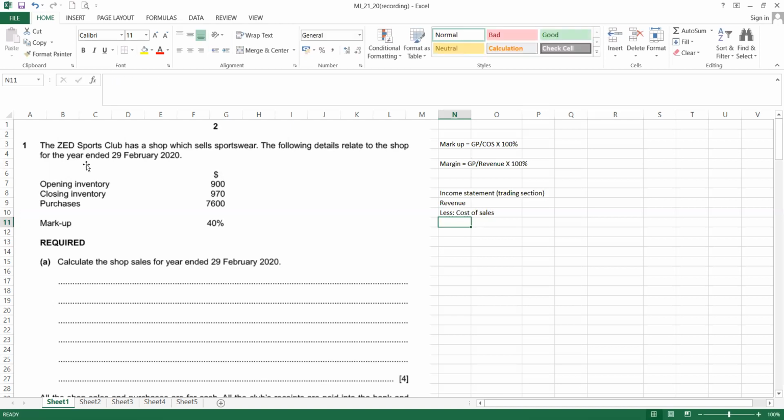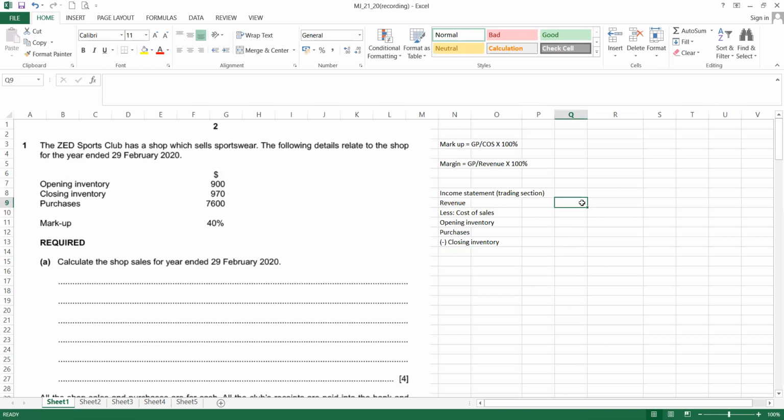In this question, they only give us the cost of sales: we have opening inventory and then purchases and then minus closing inventory.